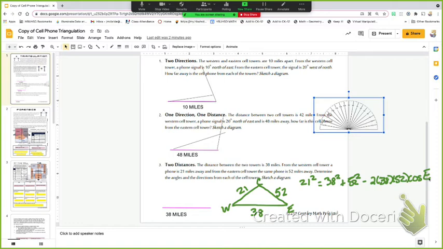But this is just a basic side, side, side, which we did the other day. Fix my 52 squared here. And you can just go one decimal place.